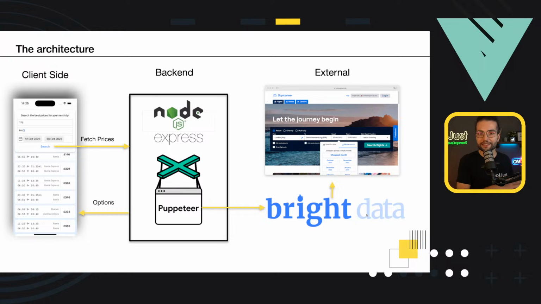We searched for the flights that the user will need. We then parsed the HTML, found the right data, structured it in a way that is easy for us to consume, and made it available through a REST API. Lastly, we integrated our mobile application with our REST API to fetch this information, and behind the scenes, everything is happening there.